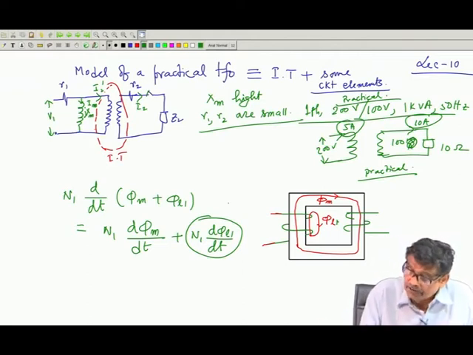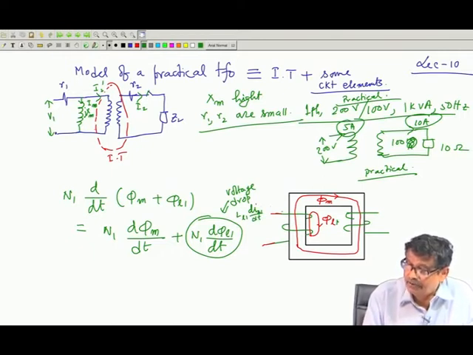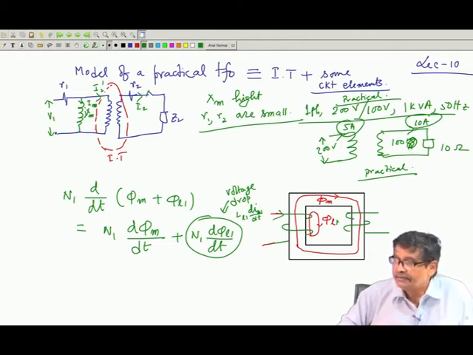It will simply cause a voltage drop. And it can be written as LL1 diL1/dt, something like that, the primary current whatever is flowing, producing leakage flux.